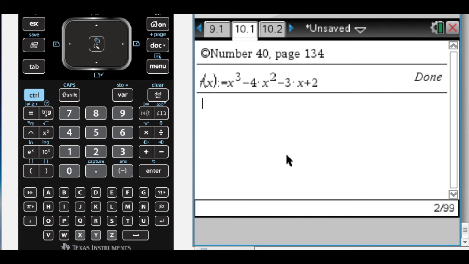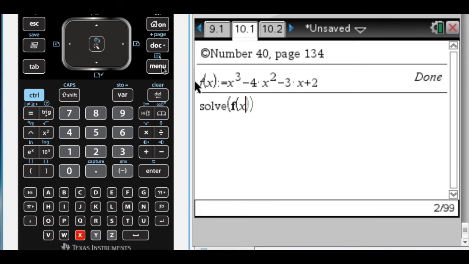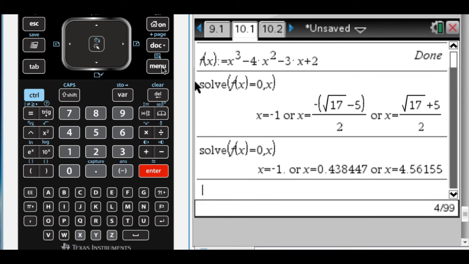I actually already know that that's not true. If I do menu 3.1 for solve, f of x equals 0 for x, I got 3 real solutions, and a cubic can have at most 3 zeros. So that's got to be false. So 2 is false. So we know that B is not the answer, and we know that E is not the answer.